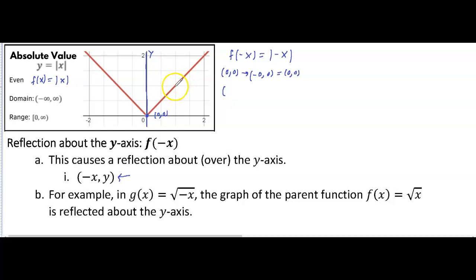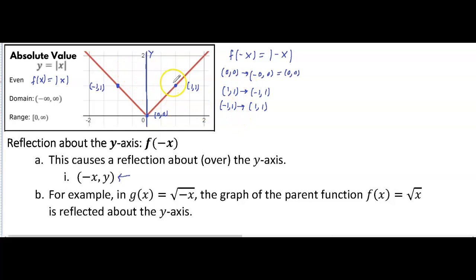So let's see what it does to our other points. We could take points such as 1, 1 and negative 1, 1, and see what actually happens to them. So 1, 1 should now be negative 1, 1, and negative 1, 1 should now be positive 1, 1. Notice they're just changing which points are which.